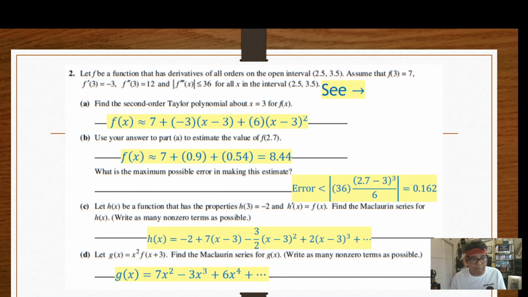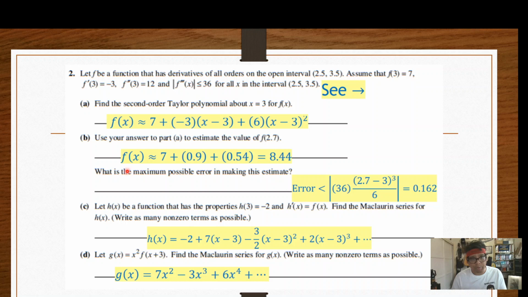So here's what we got for number 2. We have the second order Taylor polynomial. We just saw that in letter D as well. Letter B, we said that f evaluated at 2.7 is 8.44. I'm looking at this and I'm noticing this should really be f of 2.7.